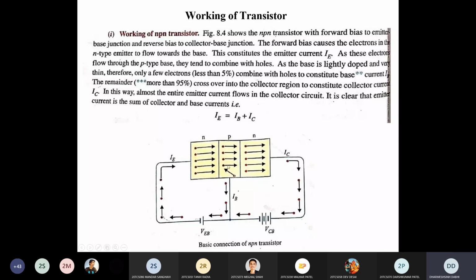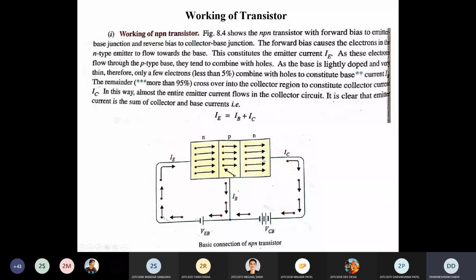Clear? Because the P layer is very thin, there are only a few holes in this layer. So the combination of electrons and holes is a very small percentage, like 5% or less than 5%. So 95% of electrons from this N layer of the emitter pass these two junctions and reach the collector terminal.